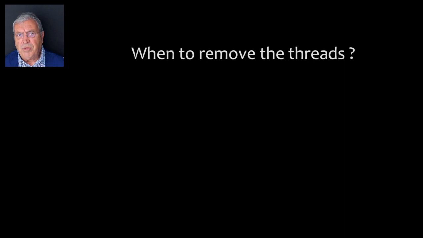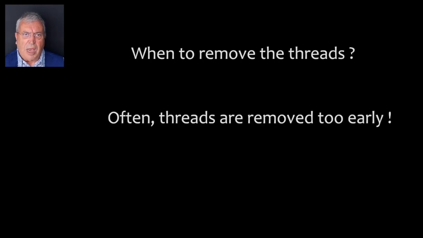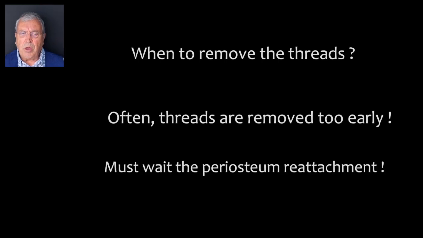The question is when to remove the threads. I don't have a personal opinion. I know that often the threads are removed too early. We must wait for the periosteum reattachment in order not to meet any mobility.